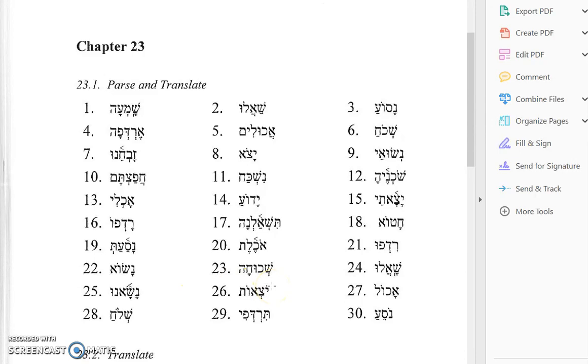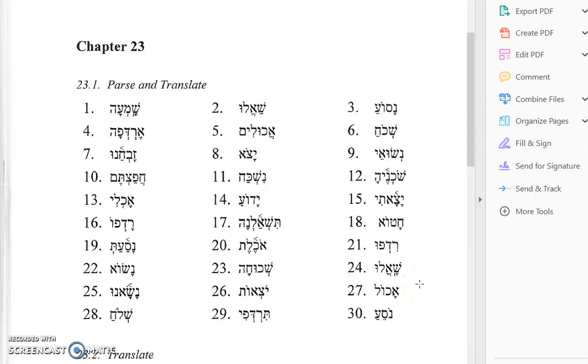And then you have shekuchah. You have a shureq in between the second and third consonant. That's a feminine singular type ending, and so that's a Qal passive participle, feminine singular, and that is from shakach, to forget, and so it means either she who is forgotten or that which is forgotten, Qal passive participle.